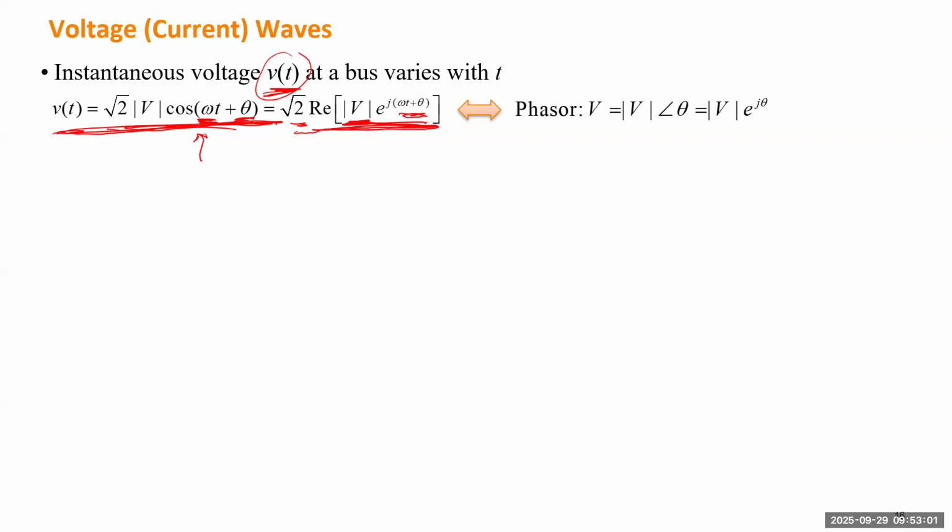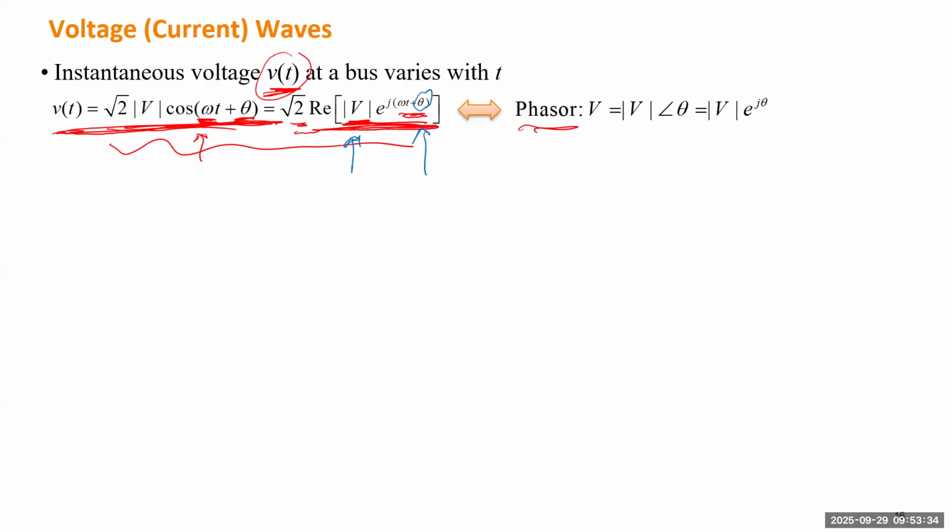Then we introduce the concept of phasor, because we don't want to write this complex expression. We know the omega will be constant in steady state condition. So we want to keep only the most important information, which is the RMS value of voltage and this initial phase. Only those two pieces of information are critical.